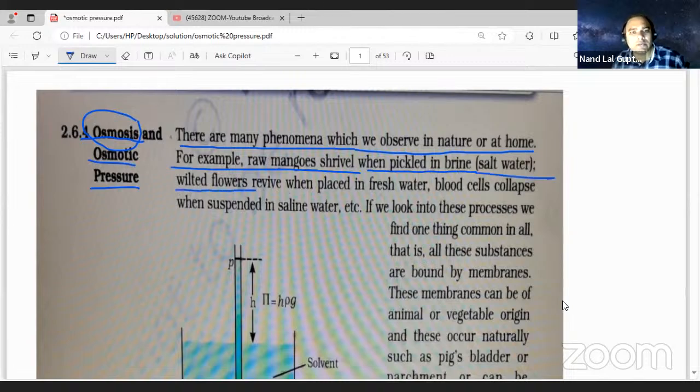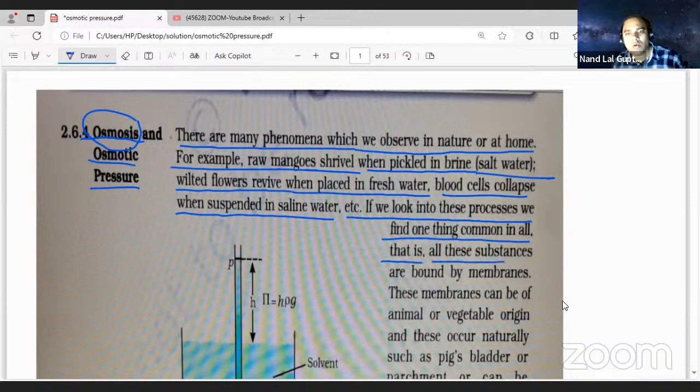Wilted flowers revive when placed in fresh water. Blood cells collapse when suspended in saline water, etc.